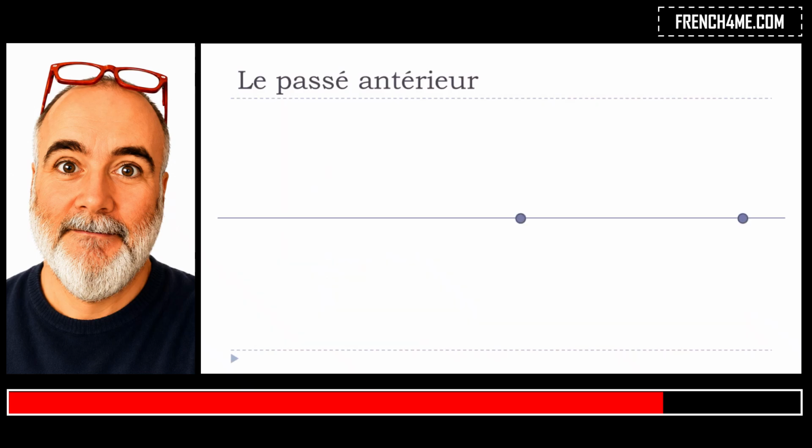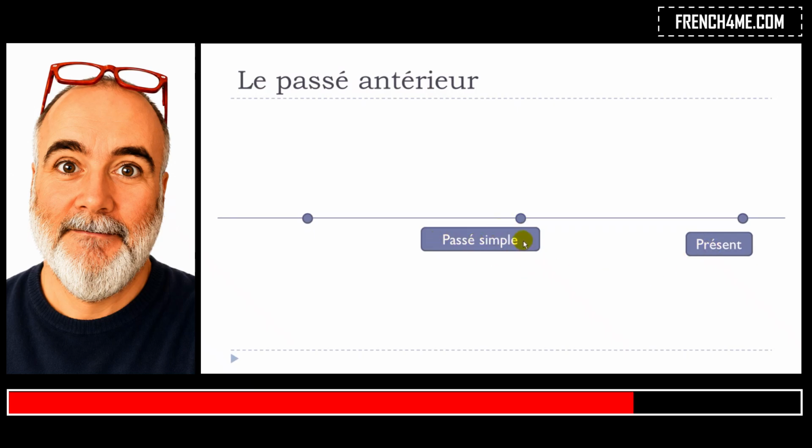So let's imagine that this is now, so this is the present, c'est le présent, okay, and let's say that you want to express something that happened in the past and you want to use le passé simple. Okay, so it's possible, of course. If you don't know how to make the passé simple, well, I've been making little videos on that, so you can check it if you want. Okay, so first idea, you want to express something in the past at le passé simple.